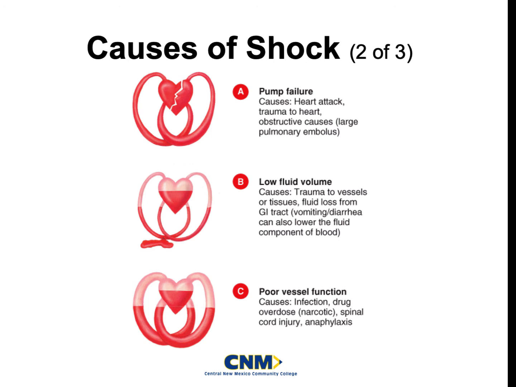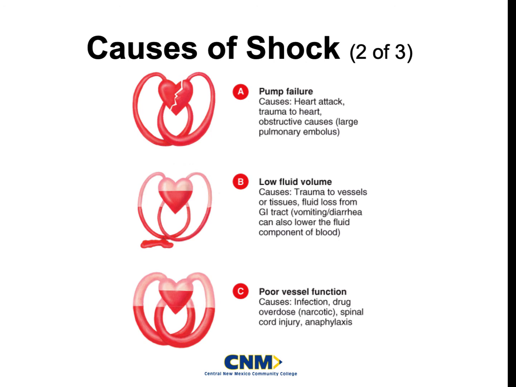Any kind of spinal cord injury, we're going to talk about that specifically a little bit in this lecture, and anaphylaxis, a severe allergic reaction. We can have that widespread vasodilation. And really with anaphylaxis, we're also going to bring in pretty much all three of these when it comes down to it. When we suffer from anaphylaxis, we have that widespread vasodilation.